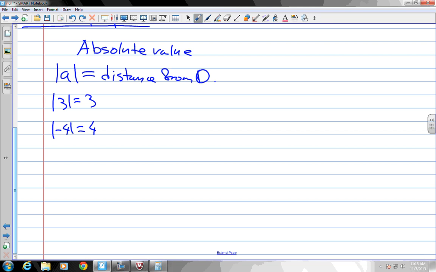Now, really think about how your brain processes that operation. If you were a calculator, a very cheap calculator that can only multiply, divide, add, and subtract, how would you compute the absolute value if you are only capable of doing those 4 operations?